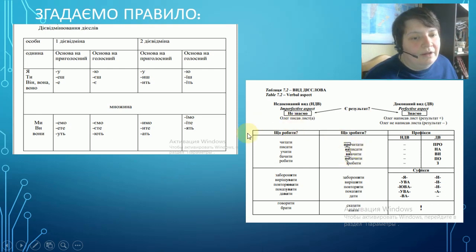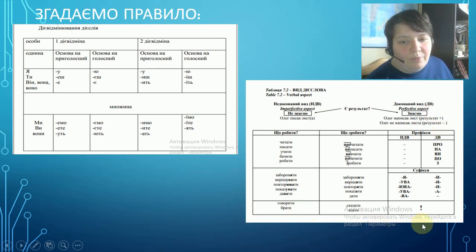And imperfective, it's like our continuous, just present simple: читати, писати, учити, бачити. We don't have the result here, it's just a process. If you want to learn more about it, just watch my video. I have a whole video on this topic, and you can learn more.